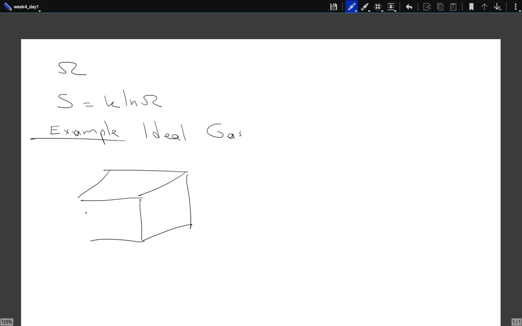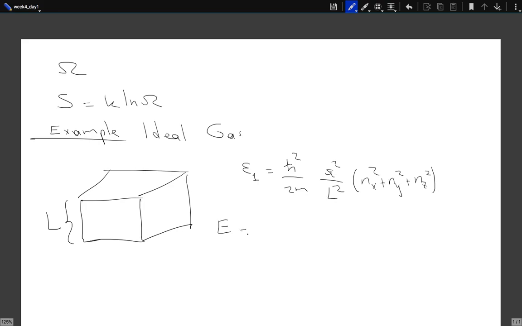In this example, let's assume a cube of side length L. The energies of individual particles, of each particle, we can write as h bar squared over 2m times pi squared over L squared times nx squared plus ny squared plus nz squared. So the total energy of the system will be just the sum of these.